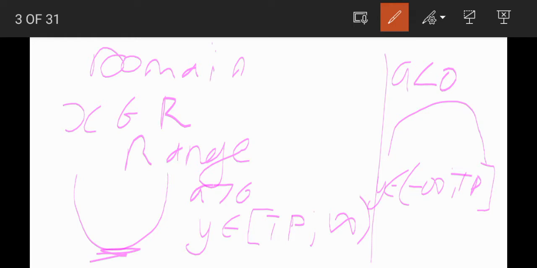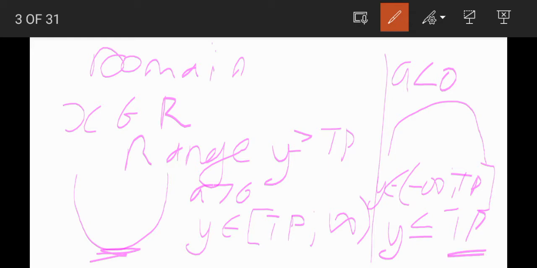So you can either write y is greater or equal to the y coordinate of the turning point, or y is less or equal to the y coordinate of the turning point.